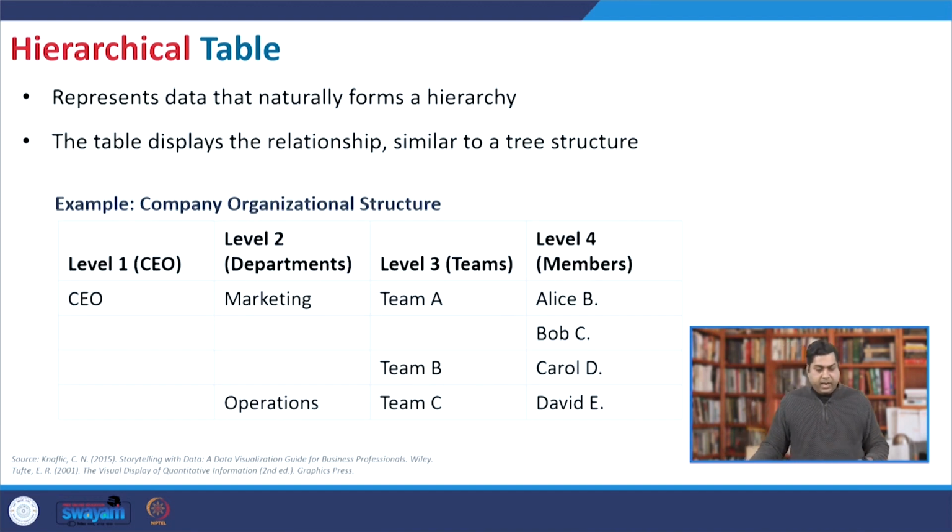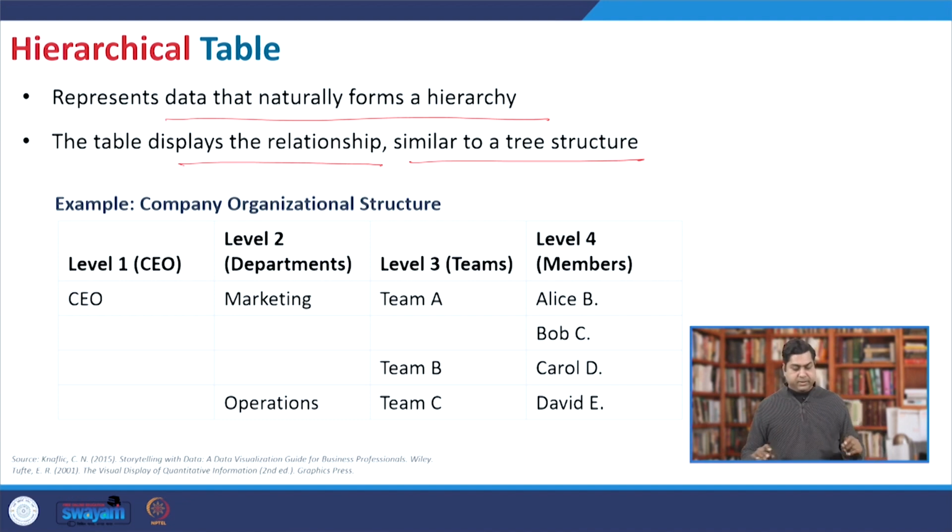Next up is the hierarchical table. In this case it represents data that naturally forms a hierarchy. The table displays the relationship similar to a tree structure. So, what is happening here? Maybe this is a company organizational structure.